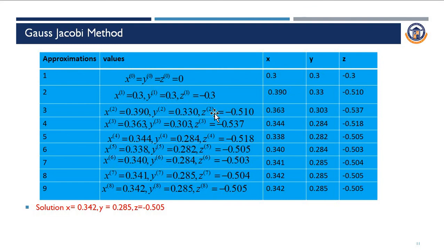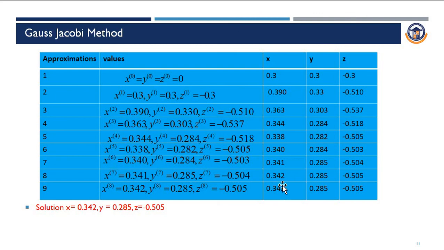Similarly, in the same manner, I can go for the second approximation with this set of values. In the same manner, I may continue and I will stop the process if the consecutive approximations have the same value. Here you see 0.342, here also 0.342, here it is 0.285, here also 0.285, here it is minus 0.505, here also minus 0.505. So I can stop the process and I can say this is the solution of the given set of equations.